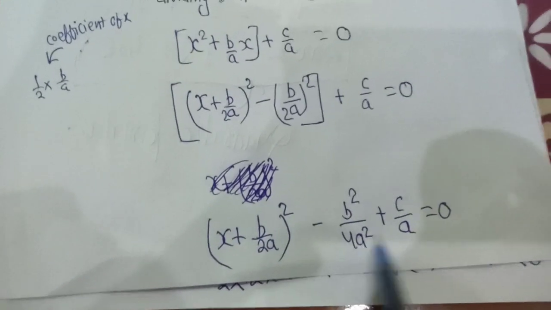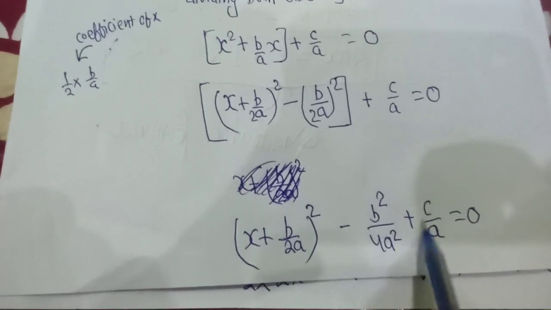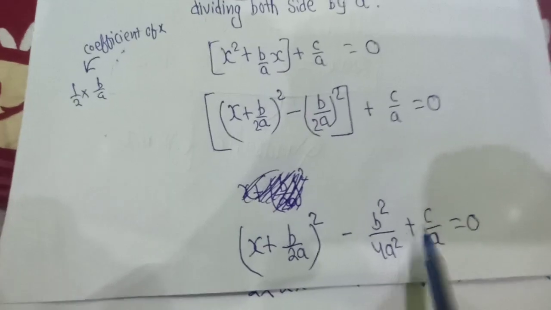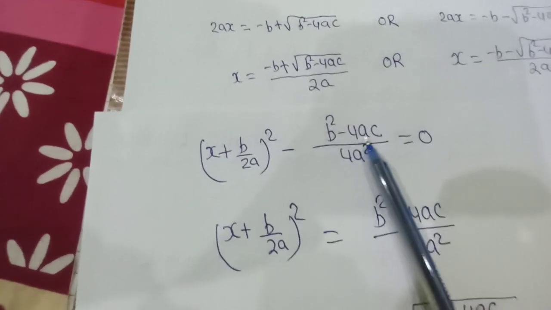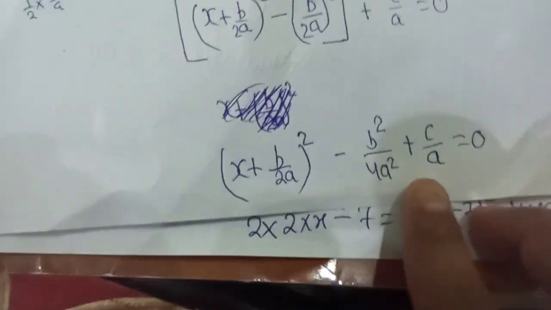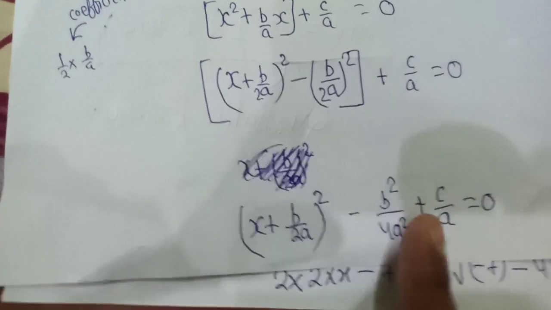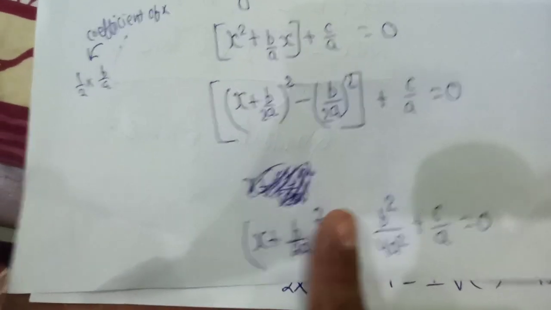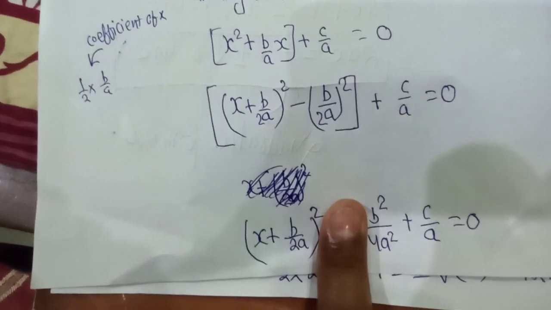So we take LCM here, and we simplify it, and it turned out b square minus 4ac upon 4a square. Here what we did, we took LCM of 4a square and a, it came 4a square. We took common minus 1, so this will become minus b square.